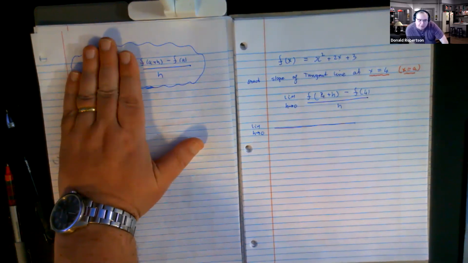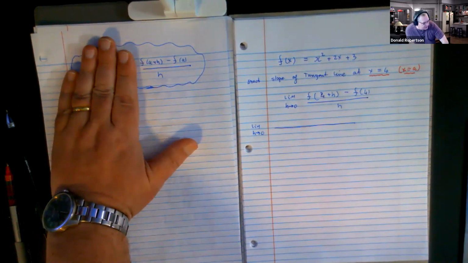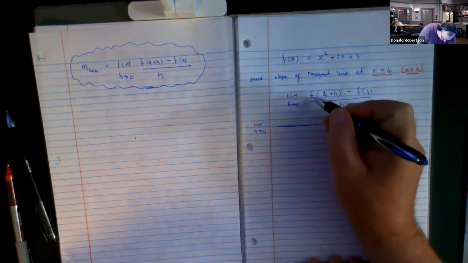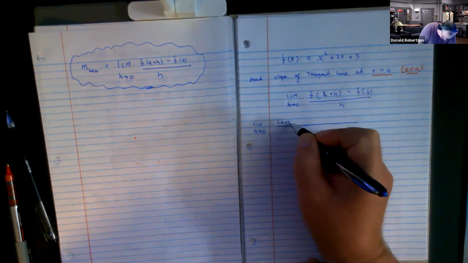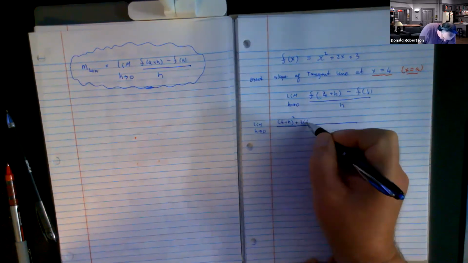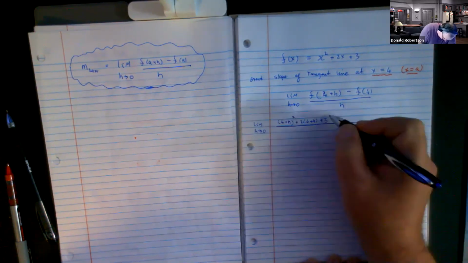And I told you when you were in 141 that you are going to use that guy in calculus. You are now about to use this guy in calculus. That's him there. Right, so let's see what the value of the function at 4 plus h looks like. It's instead of x squared, it's (4 plus h) squared. Instead of 2x, it's 2 lots of (4 plus h), and then it's an add of 3. Right, that's the first guy.